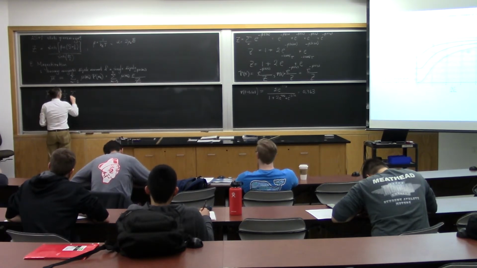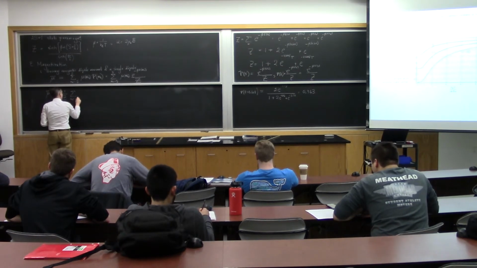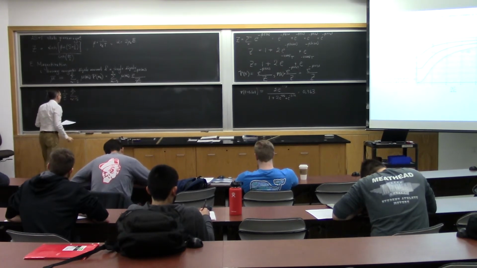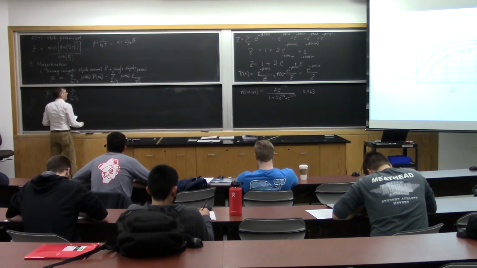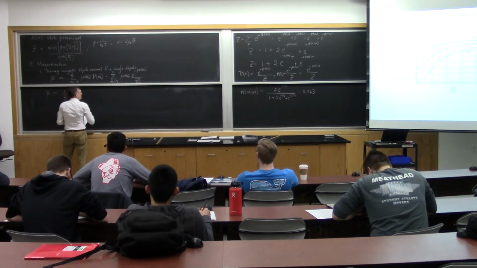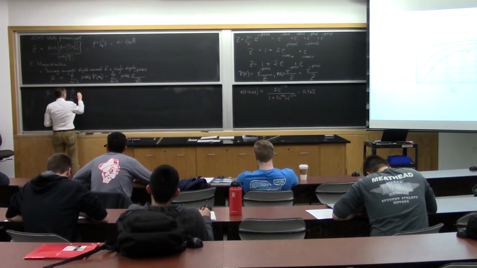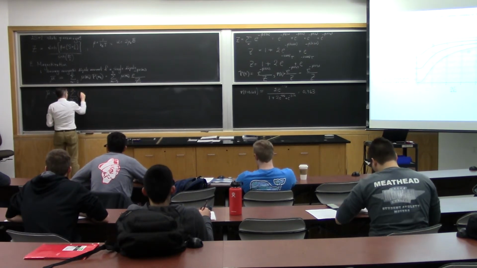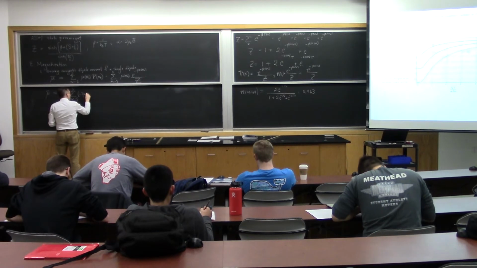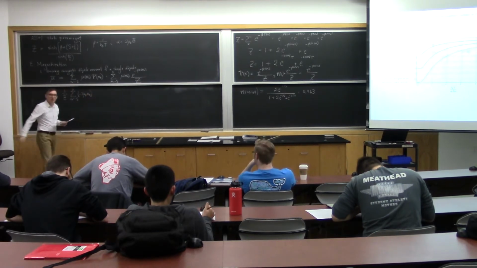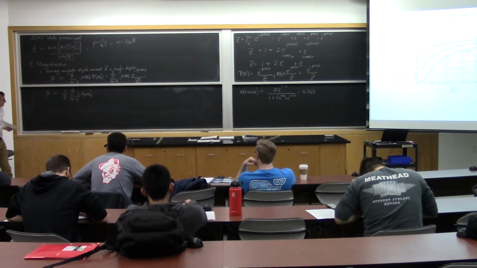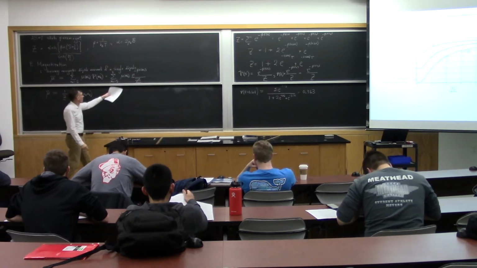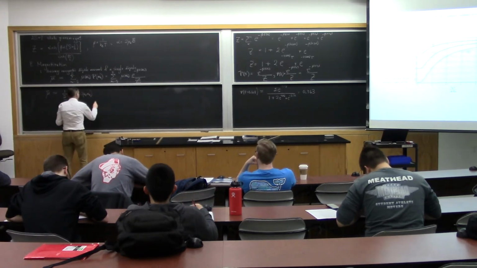Then I'll have to sum over the quantum number m sub s from minus S to S. What is the magnetic dipole moment as a function of m sub s? I will just tell you, you will find it in your notes from last week. Negative 2 times the Bohr magneton times the value of the quantum number m sub s. That's mu for a particular value of m sub s.